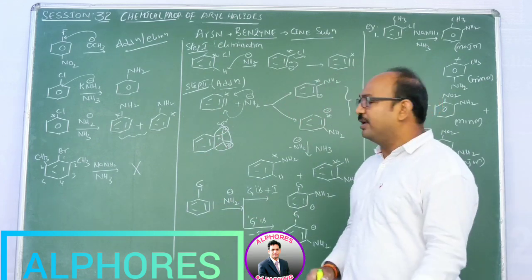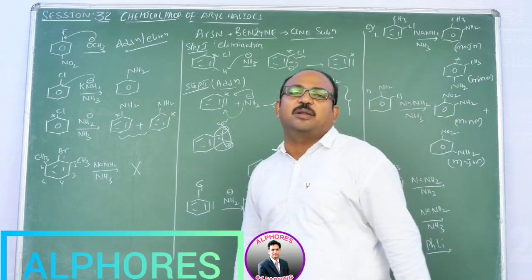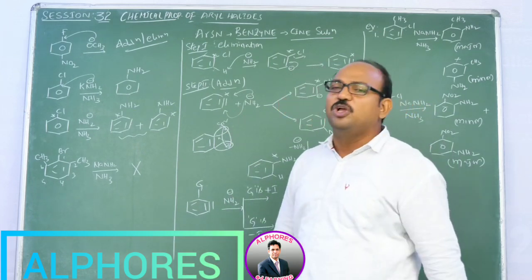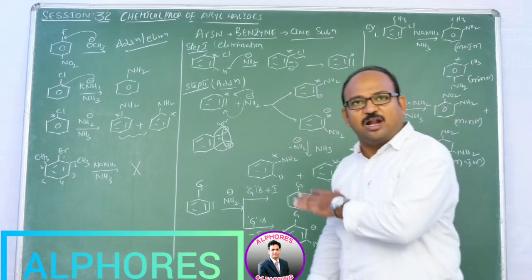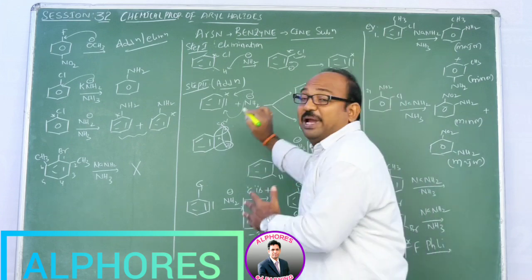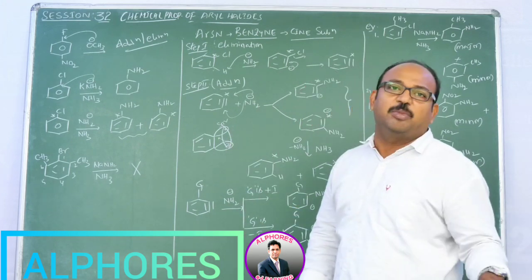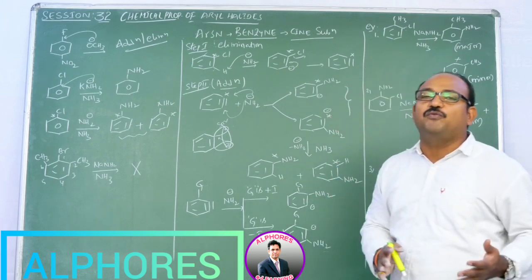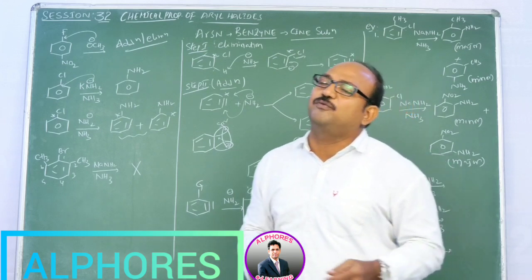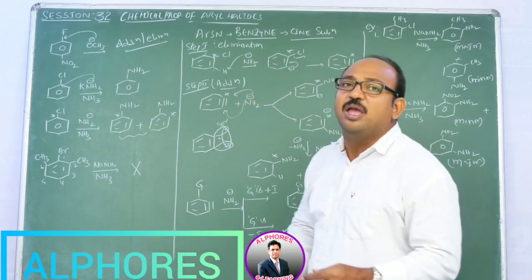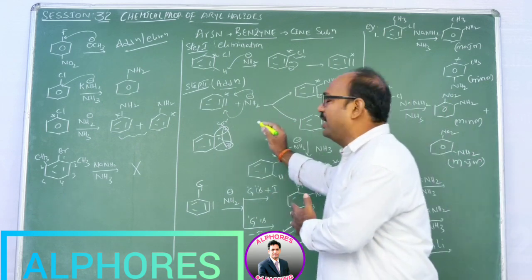And the second point, because of the presence of this pi bond, the benzyne intermediate is highly reactive. We cannot isolate this benzyne intermediate. So the newly formed pi bond is not truly a pi bond. It is not formed by pure p orbitals. Instead, that fourth pi bond is formed by sp2 hybrid orbitals.